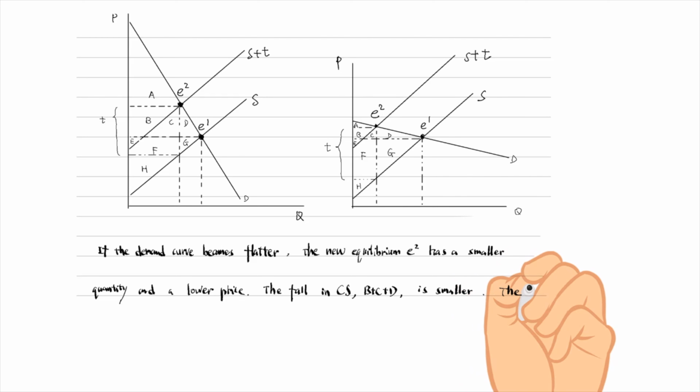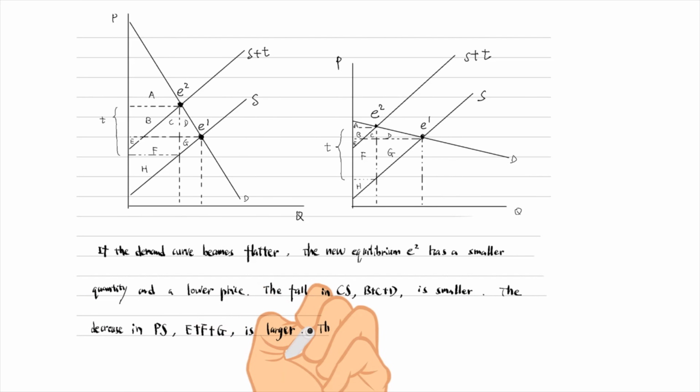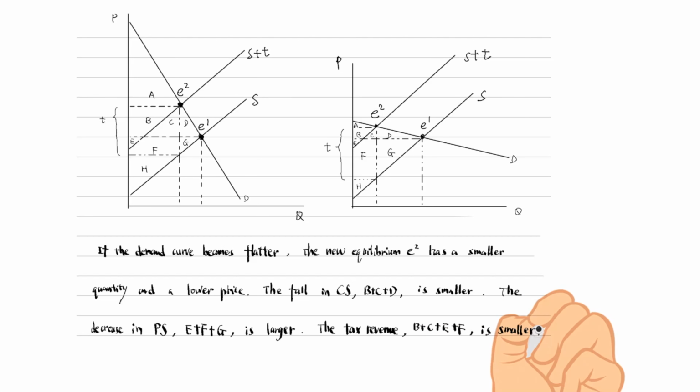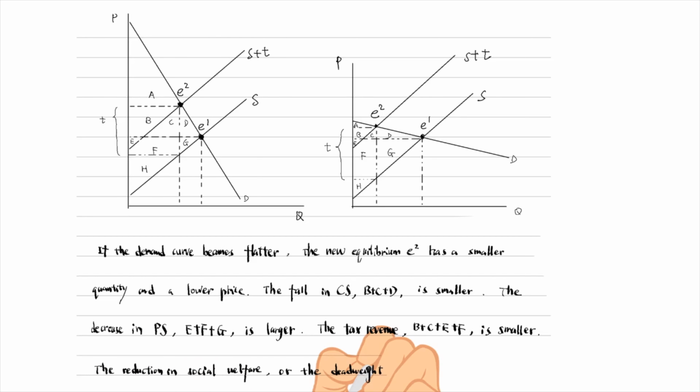The decrease in producer surplus, the area of E plus F plus G, is larger. The tax revenue, the area of B plus C plus E plus F, is smaller. The reduction in social welfare, which is also known as the deadweight loss, the area of D plus G, is larger.